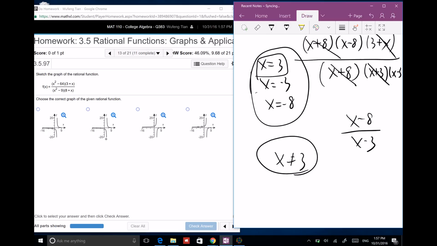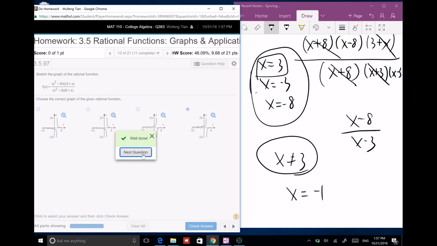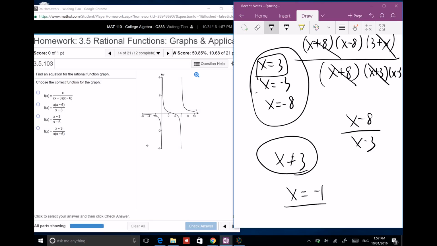Okay, so we approach it and x is negative. You can say x is negative 1. What happened? X is negative 1, is negative, positive, negative, positive, and it's positive, so it's this one. Okay, x is negative 1, then f(x) is positive, so you can choose D.